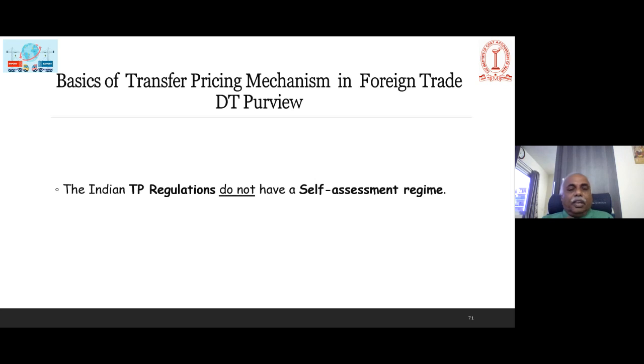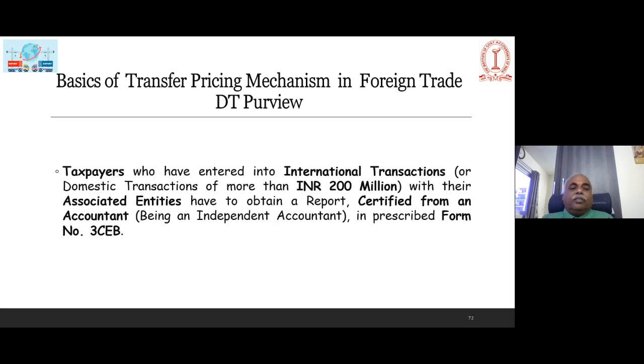The Indian TP regulation does not have a self-assessment regime. Taxpayers who have entered into international transactions or specified domestic transactions of more than 200 million with their associated entities have to be reported and certified by an independent accountant in the prescribed Form 3CEB.